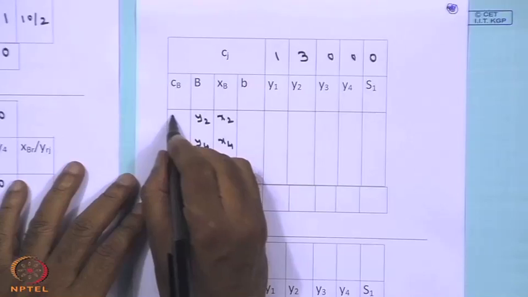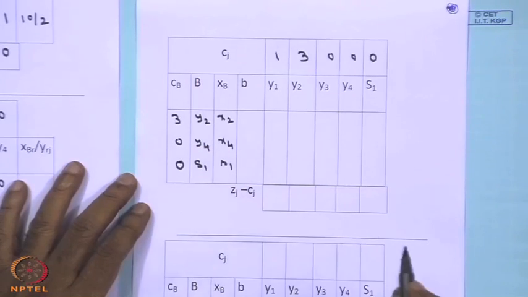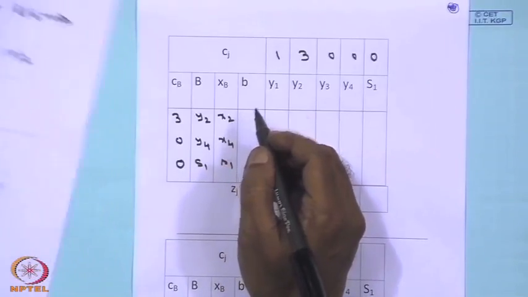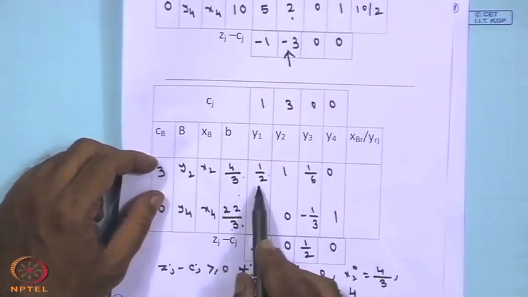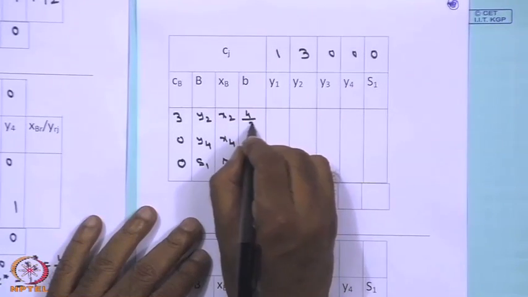So, I am just copying from here, the values will be 1, 3, 0, 0, 0. So, y 2 means 3, y 4 is 0, S 1 is not in the objective function, again 0. So, I am just writing this coefficient again, 4/3, half, 1, 1 by 6, 0, directly we are writing whatever was there.